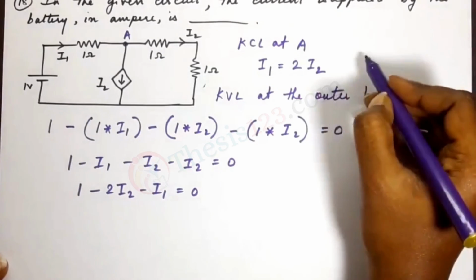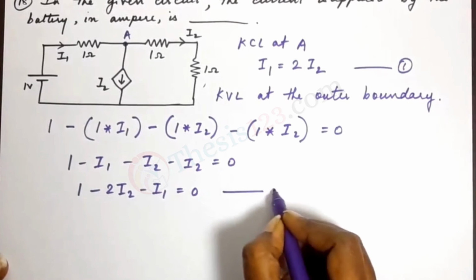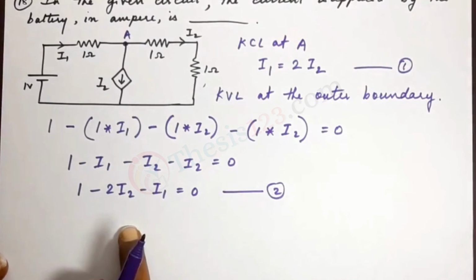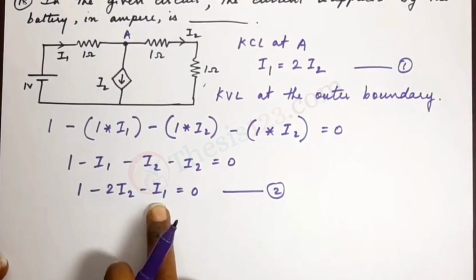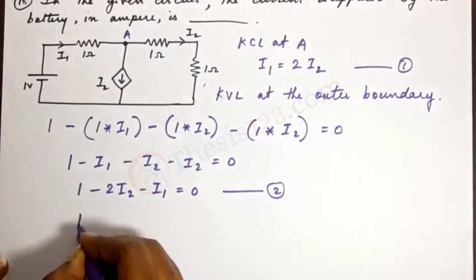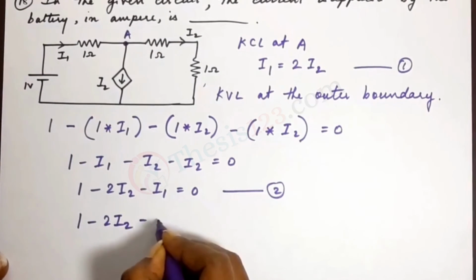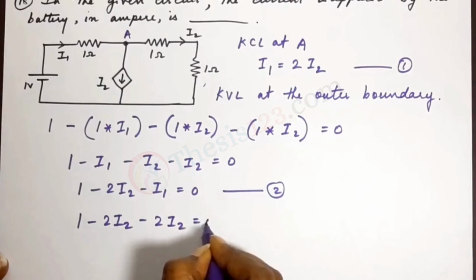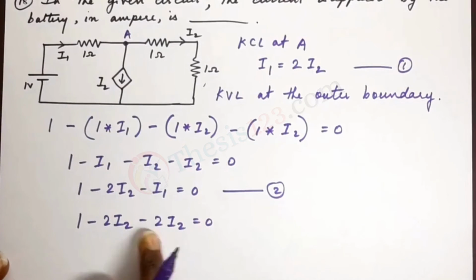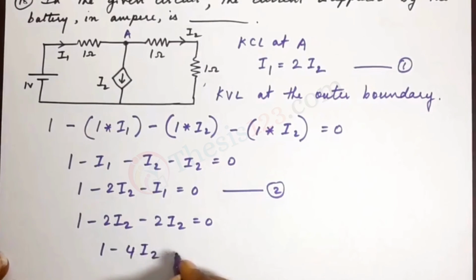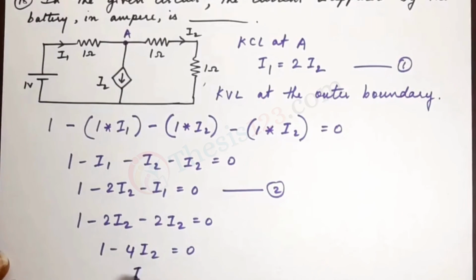So we can use the first relation and apply it into this relation. Instead of I1, we substitute I2. We get 2I2, so 2I2 comes to minus 4I2 is equal to 0. And the value of I2 is 1 by 4 amps.